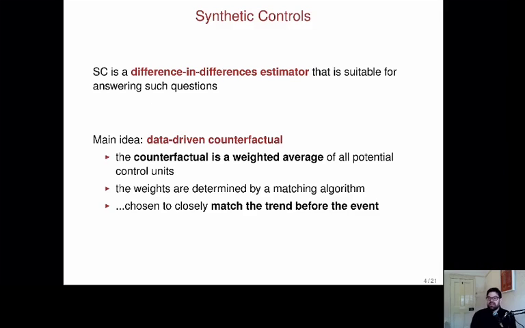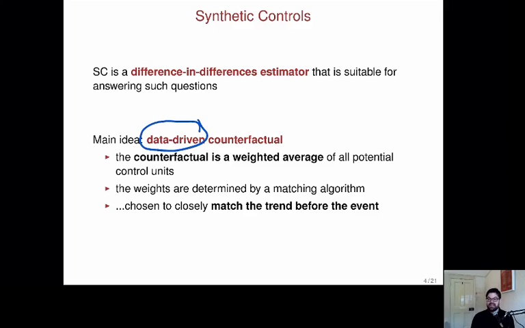The key ingredient to synthetic controls is the counterfactual that is constructed, and unlike in all the other methods that we've talked about, where the counterfactual is constructed based on the notion of a control group, where we make a good argument why that control group has not been treated and is a suitable control group, here we actually look at a data-driven counterfactual.